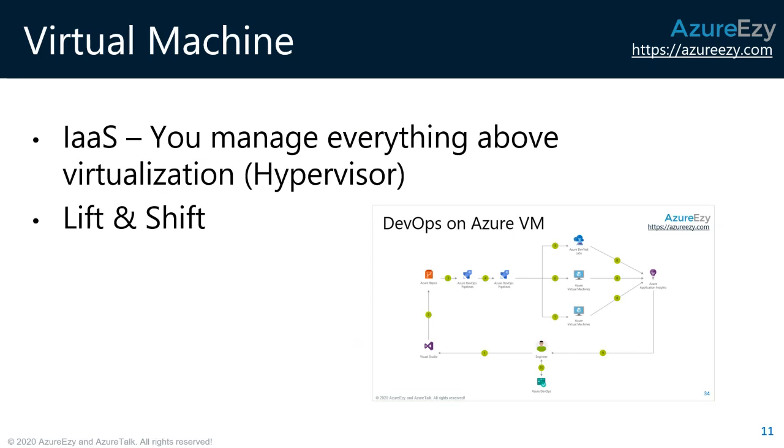Now, apart from DevOps implementation, it is very useful for the lift and shift model of migration. You might have heard of this word. When a cloud adoption discussion starts, this is the word which comes in the very first discussion. What does it mean?